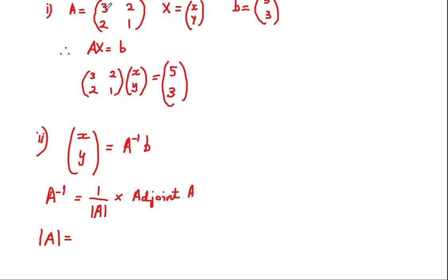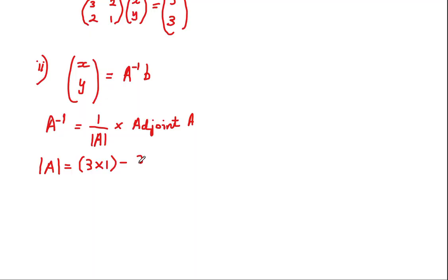The leading diagonal is 3 and 1, so we're going to multiply 3 by 1. Then take away the product of the remaining diagonal, called the off diagonal elements, which is 2 multiplied by 2. And this is how we find the determinant of A.